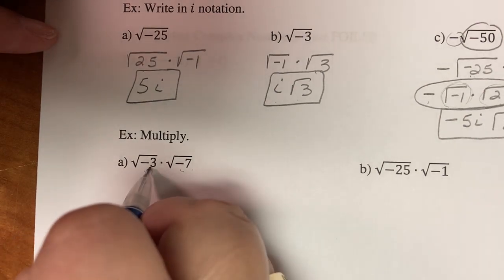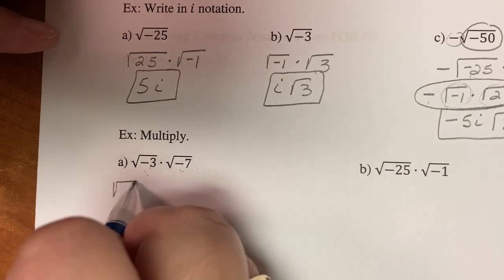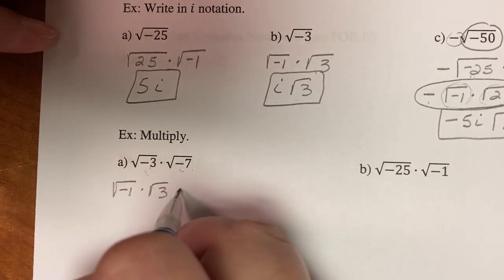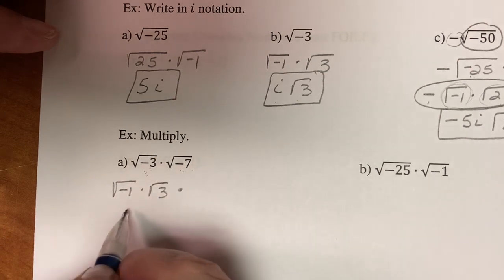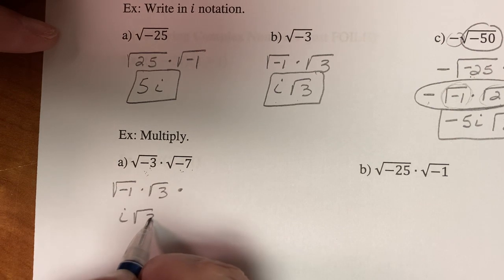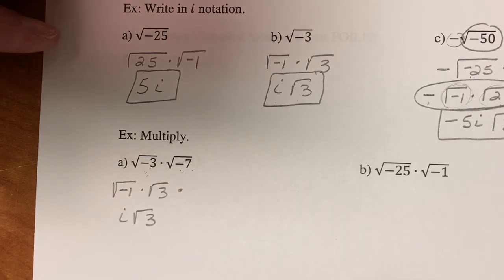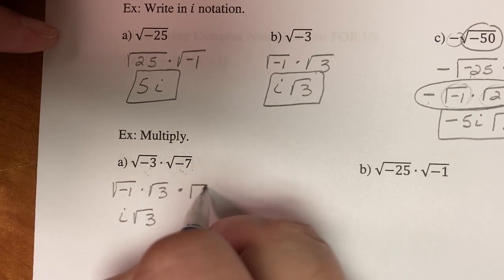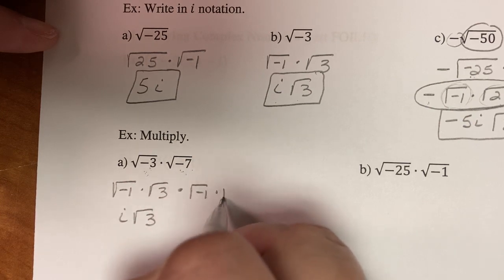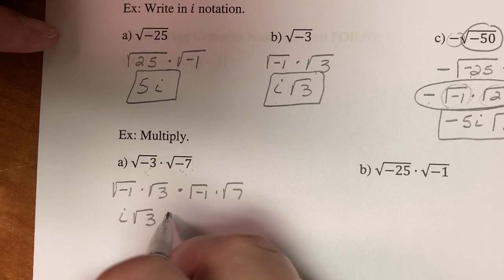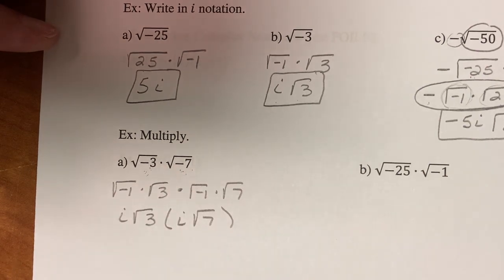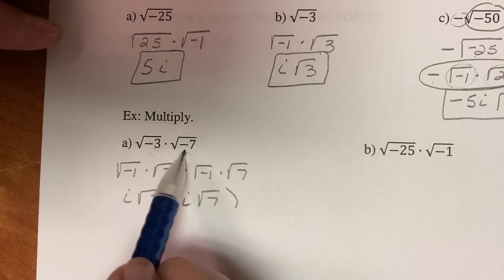So you know that the square root of negative 3 is really the square root of negative 1 times the square root of 3, so that's going to be i root 3. And you know the square root of negative 7 is really the square root of negative 1 times the square root of 7, which is going to give me i root 7. So you must simplify those.